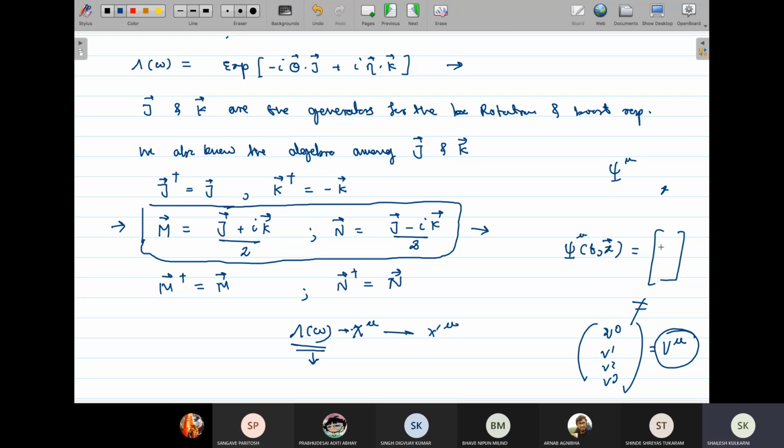I cannot act a Lorentz transformation directly on the wave functions, or in this case, the Dirac wave function or Dirac spinor. I'm avoiding calling this object a spinor because I have not mentioned anything about the spinor. In fact, we will define the spinor as certain objects which transform in a certain way under Lorentz transformation.